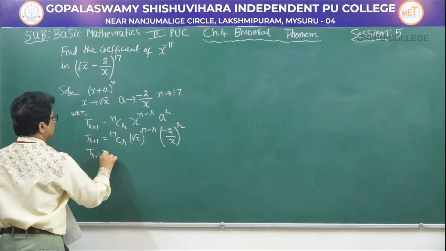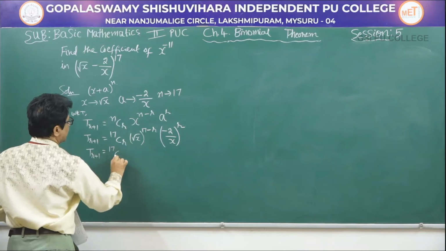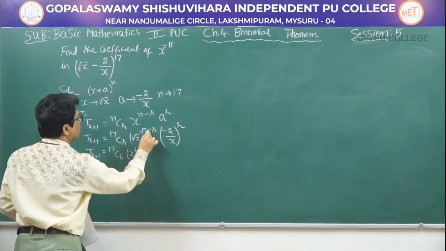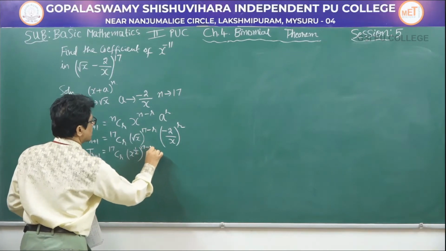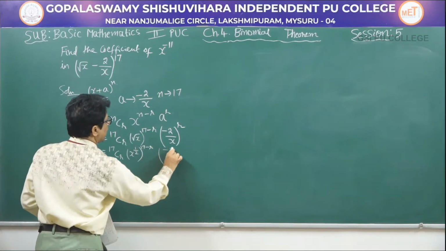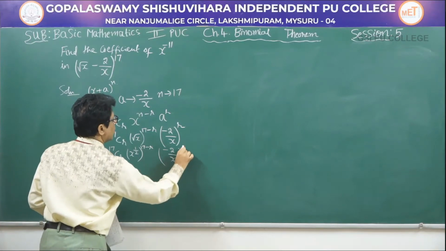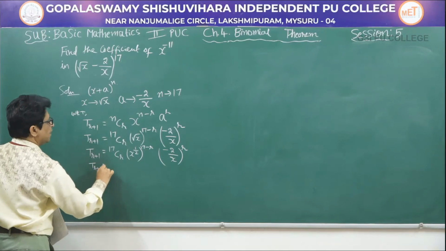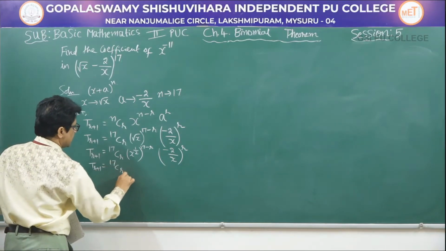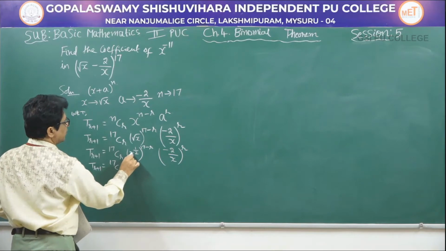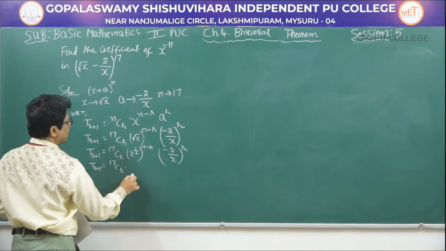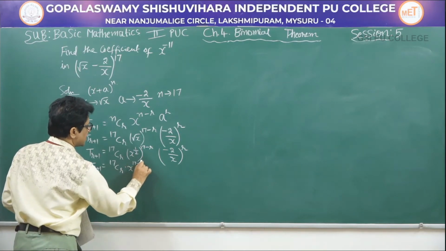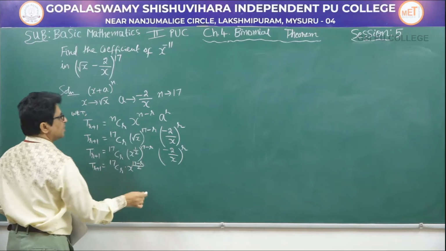T(r+1) is equal to 17Cr into root x can be written as x power half, whole power 17 minus r, into minus 2 by x whole power r. T(r+1) will be equal to 17Cr into, this is of the form (a^m)^n is a^(mn), that is x power (17 minus r) by 2.